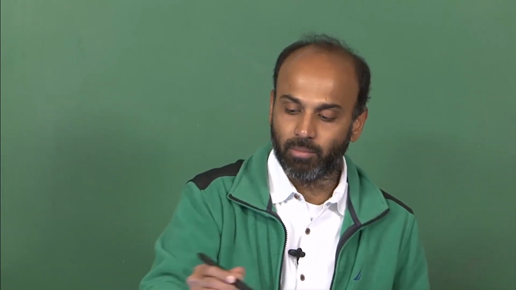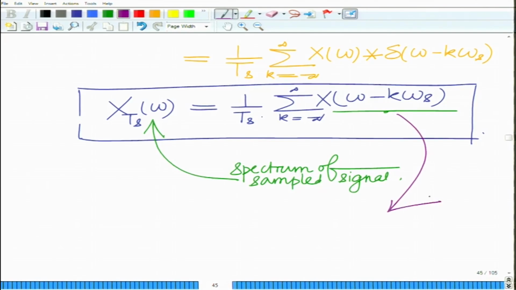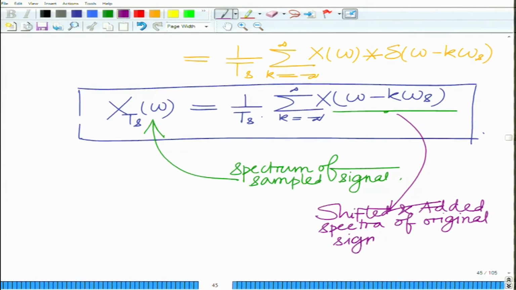Similarly, on the negative side, X of omega plus omega s, X of omega plus 2 omega s, and so on, and you are adding all these shifted copies of the original spectrum X of omega. So these are replicas of the original spectrum shifted by every integral multiple of the sampling frequency omega s, and then all these shifted replicas are added.